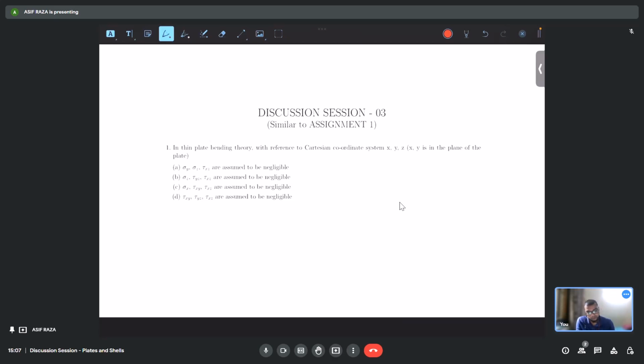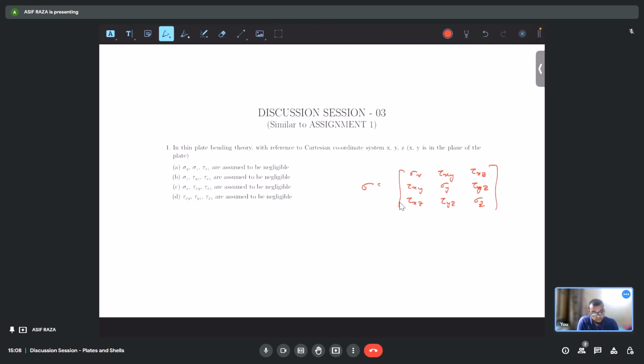So, for a 3D state, a stress tensor is given by sigma x, tau xy, tau xz; tau xy, sigma y, tau yz; tau xz, tau yz, sigma z. The thin plate bending theory assumes the case of plane stress, and our plate is in the xy dimension.